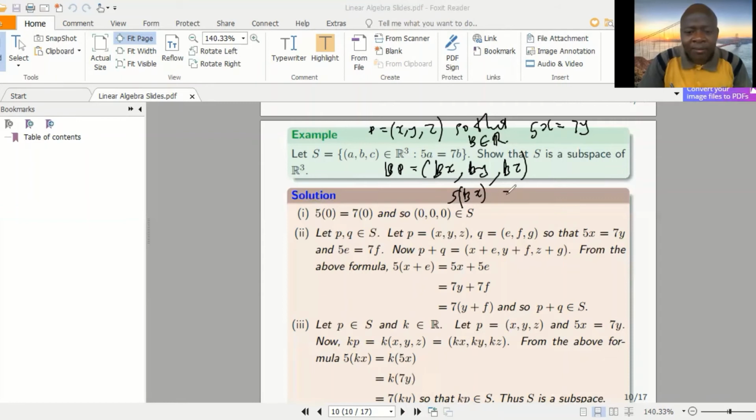What does this give me? It gives me beta 5x. There's no problem when you take this constant outside because of associativity of scalar multiplication. I can use associativity and commutativity at the same time.